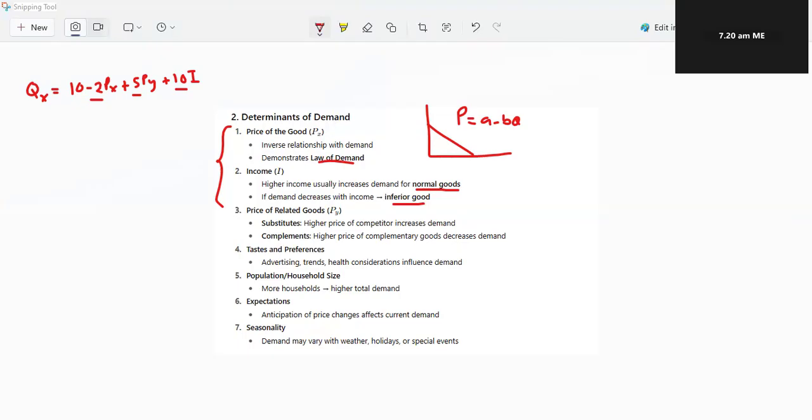It has an inverse relationship. Okay, so this is what it means. This +5, it means that there's a direct relationship. An increase in the price of good Y will also increase the demand for the product we're dealing with. All right, so it is important that we understand these parameters and the variables.